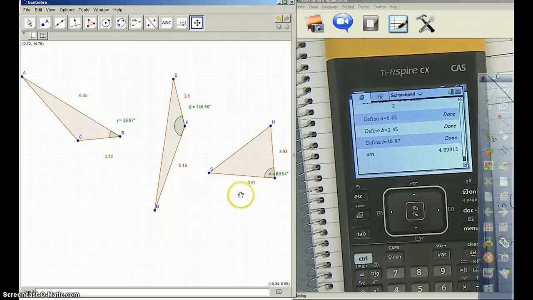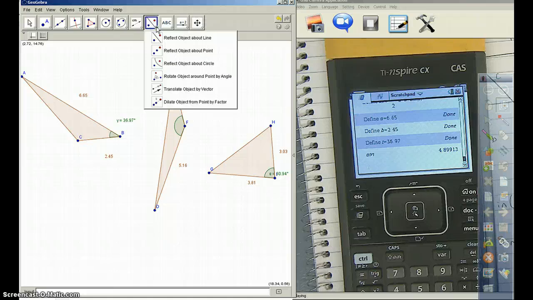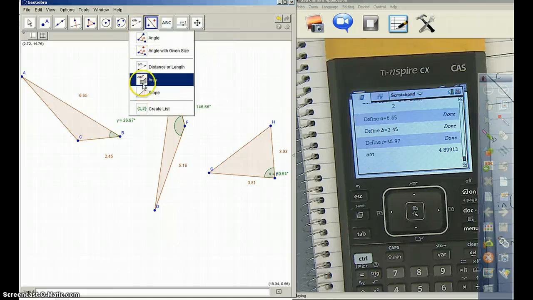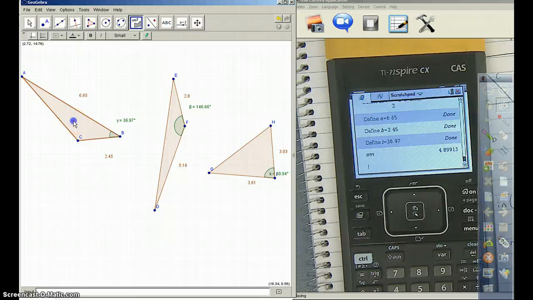So it says 4.899, and I'm about out of time to do those other ones, so we're just going to have to check the area of this triangle is 4.9, which is 4.899 rounded. So you can see that it works.